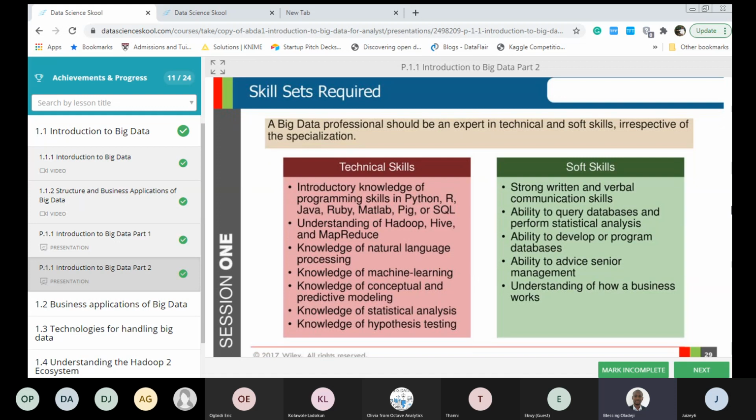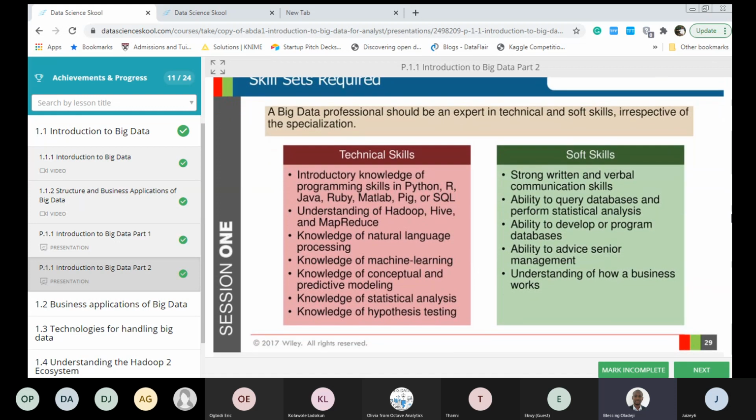Then we'll also be talking about things like machine learning algorithms, natural language processing (NLP), the concept of predictive modeling, and the different types of predictive modeling algorithms that are available. You probably have heard me talk about classification algorithms like decision tree and random forest, regression algorithms like linear regression, or clustering algorithms like k-means, and so on.